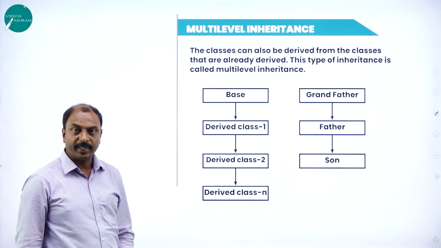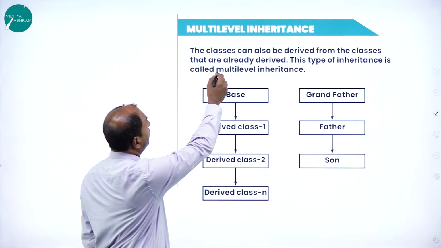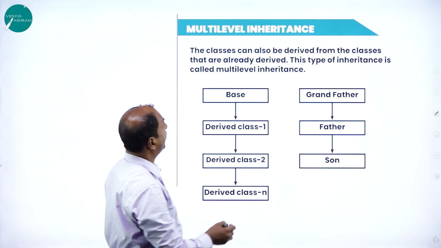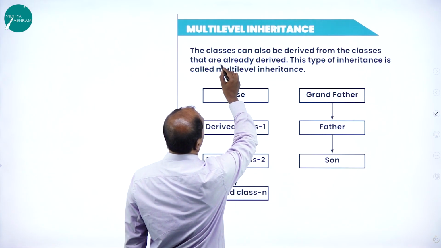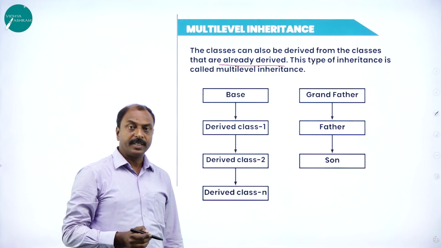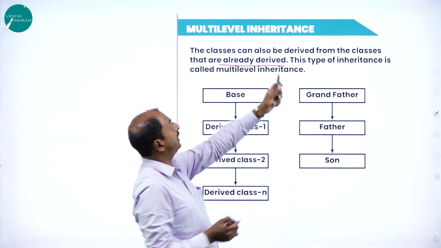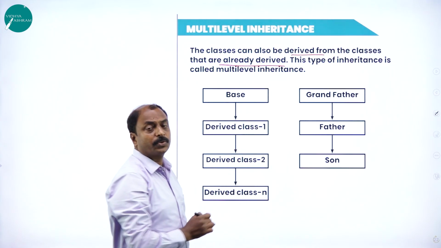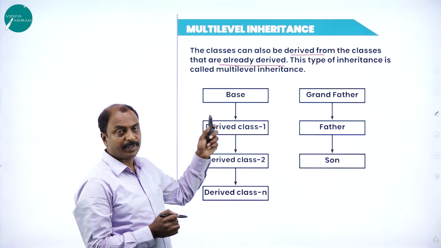Now let us move on to next level, that is multi-level inheritance. Now the classes can also be derived from the classes that are already derived. So this is multi-level inheritance. Look at the example here.